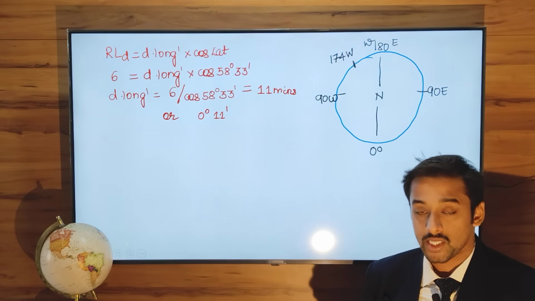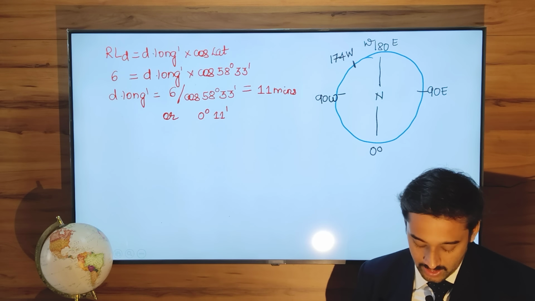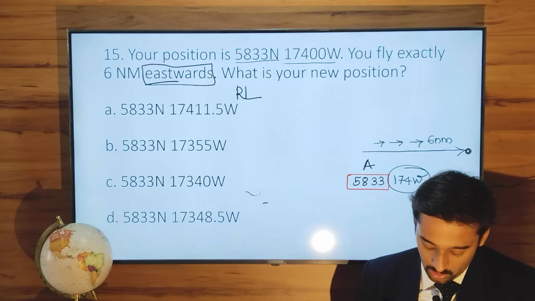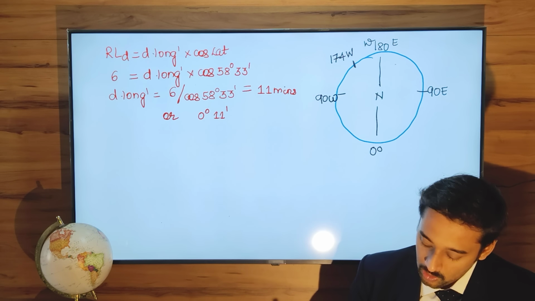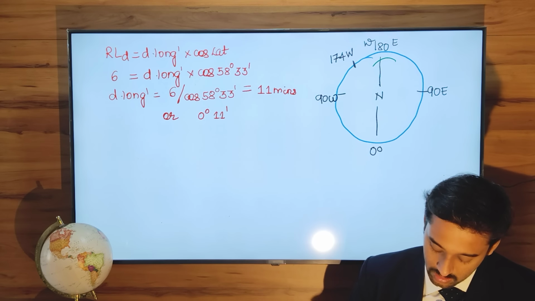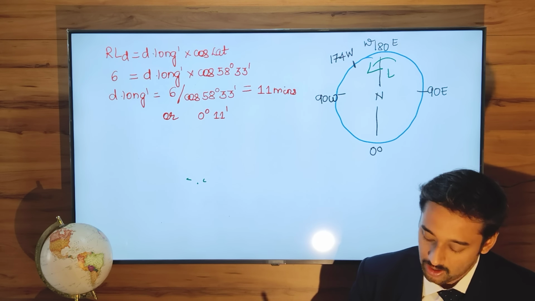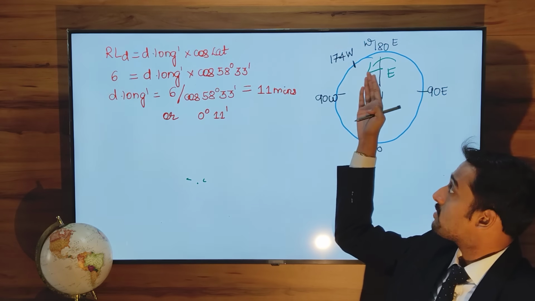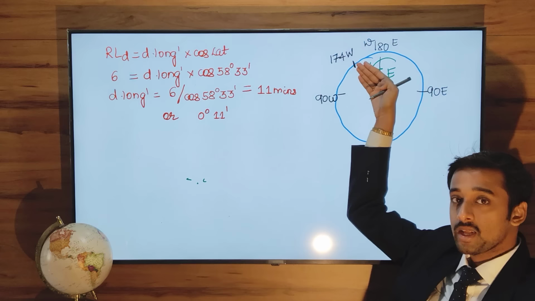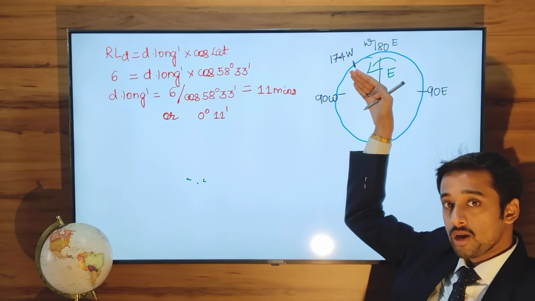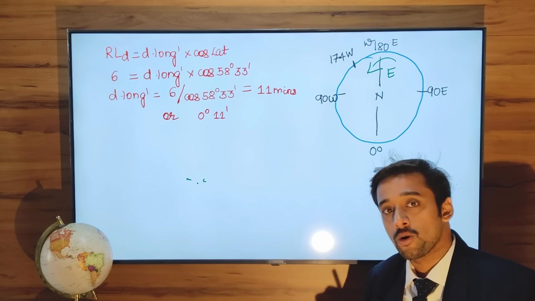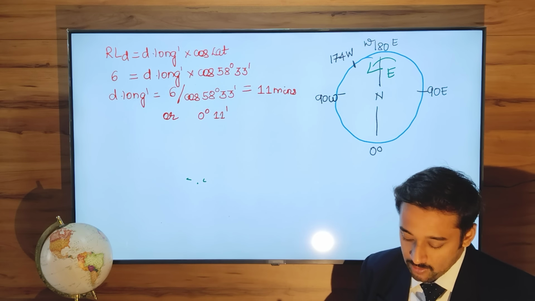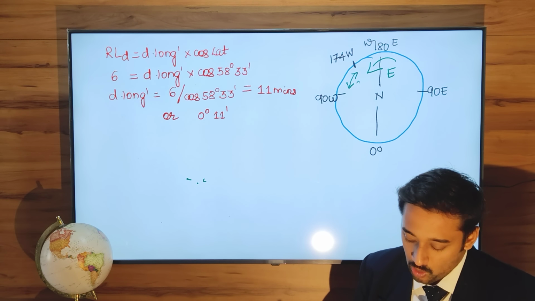Now we are going to fly in an easterly direction, as stated here. All easterly directions are anti-clockwise. So that means you go in the left-hand direction and you are in the western hemisphere. As you start from 174 west and go anti-clockwise, the value of longitude will go on decreasing, 174, 173, 172, and so on. So it will decrease by a value of d long.